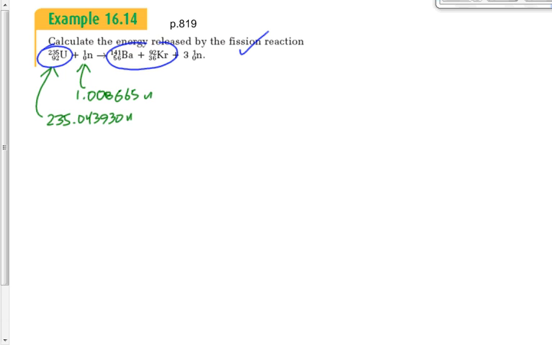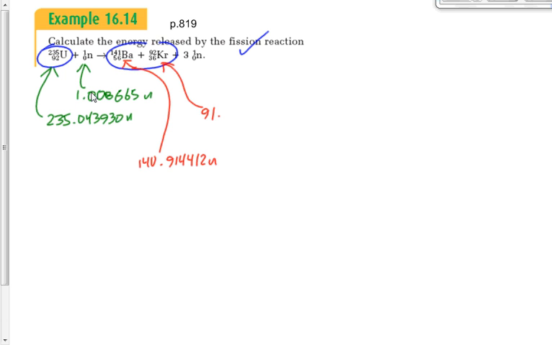Let's get the mass of the right side components here now. Barium-141 has a mass of 140.14412, thank you, in atomic mass units. Krypton-92 is 91 point something. Hey, notice uranium-235 was 235 point something.